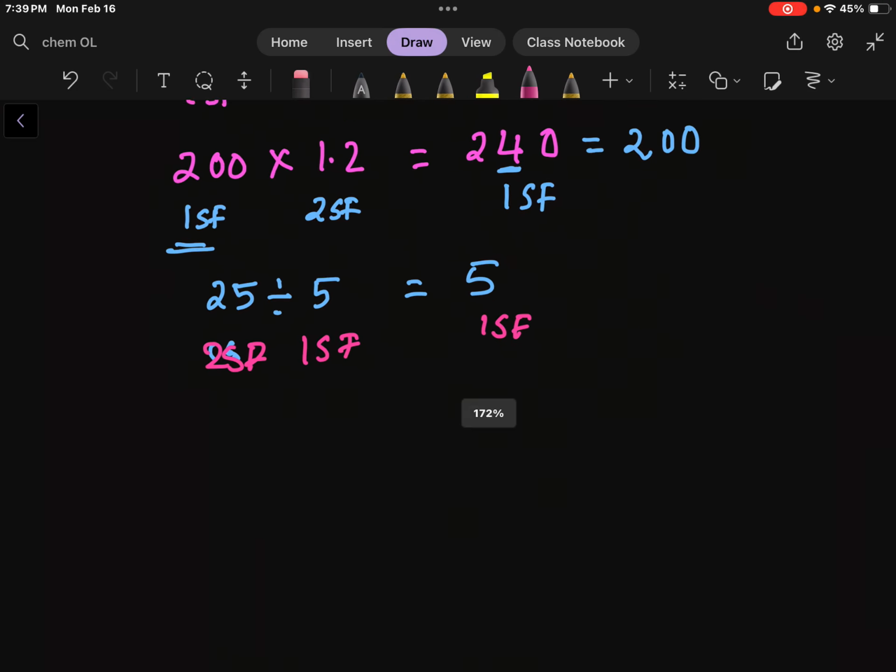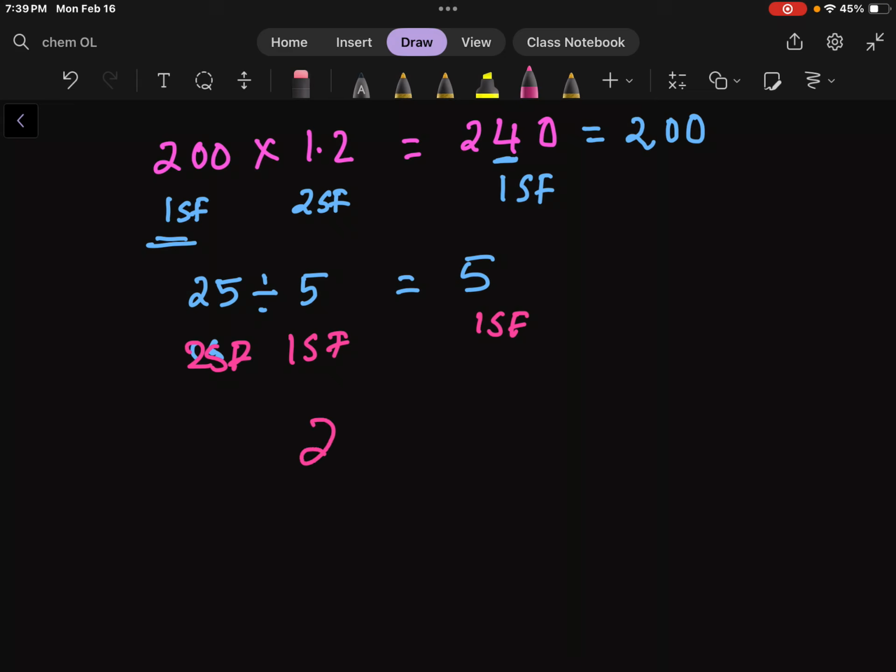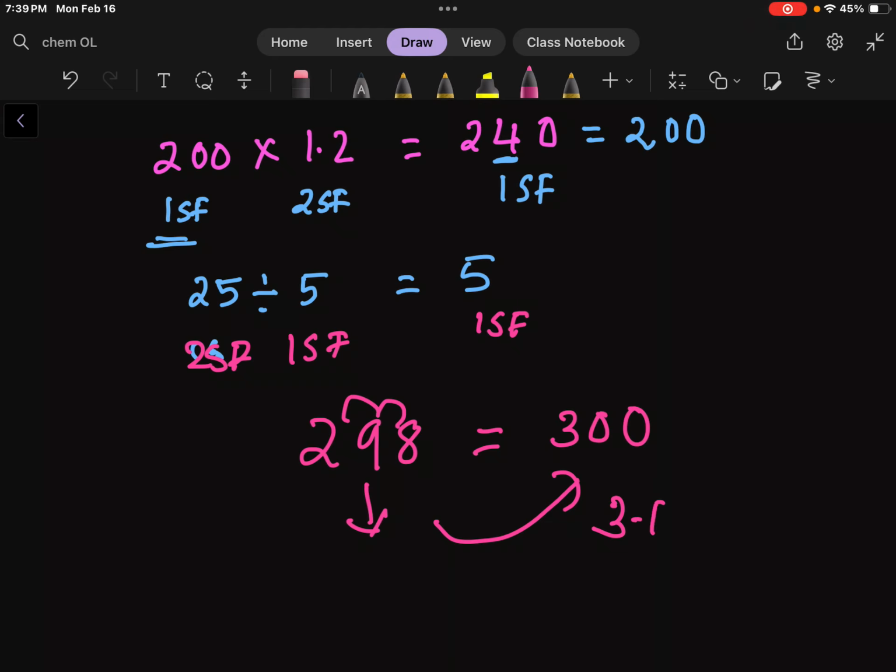In some cases, you get an answer like 298 as your final answer, but you need only 1 sigfig. Then you round this to 1 sigfig, which will be 300. And if you need to round this into 2 sigfigs, you don't know how to write that with 300. You can write 3.0 times 10 to the power of 2.